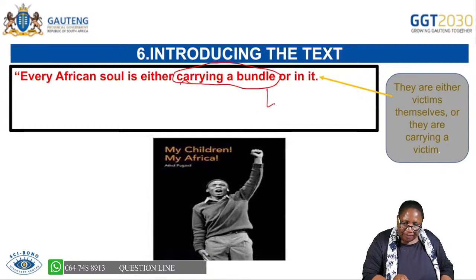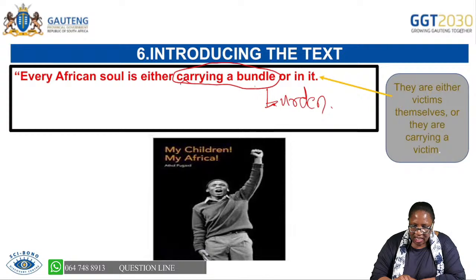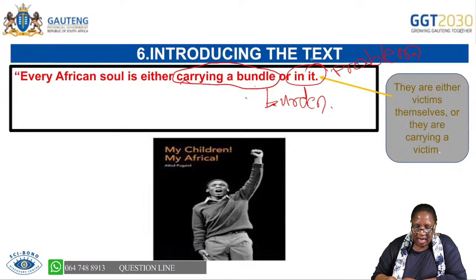You have a burden. Or if you are not carrying a bundle, then you yourself are a problem. It's either you have a problem or you are carrying a problem.